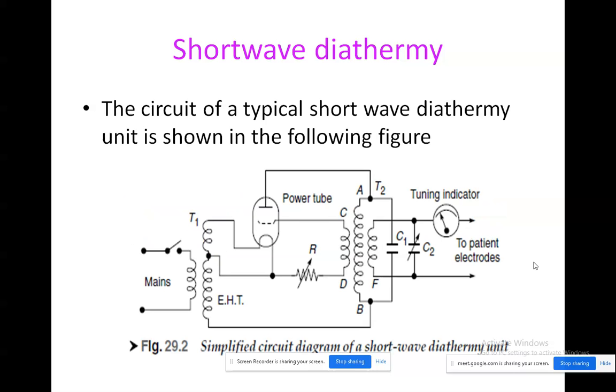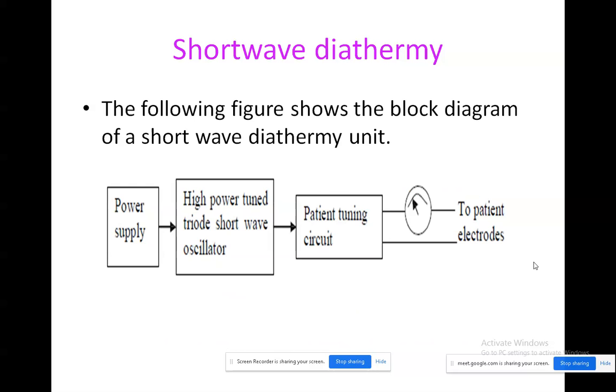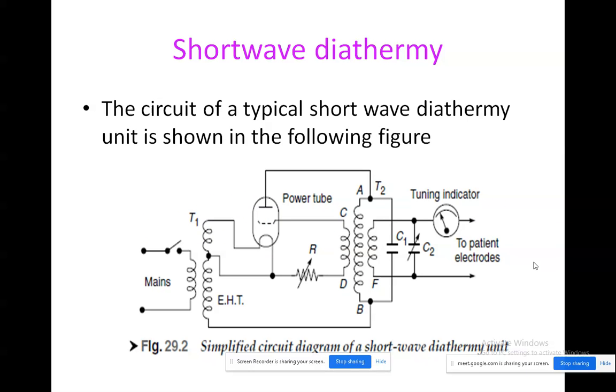This is the circuit diagram; the previous one was the block diagram. See here, this is the tuning circuit, and the value is indicated here. The tuning circuit is your LC circuit. Here you use transformers 1 and 2.